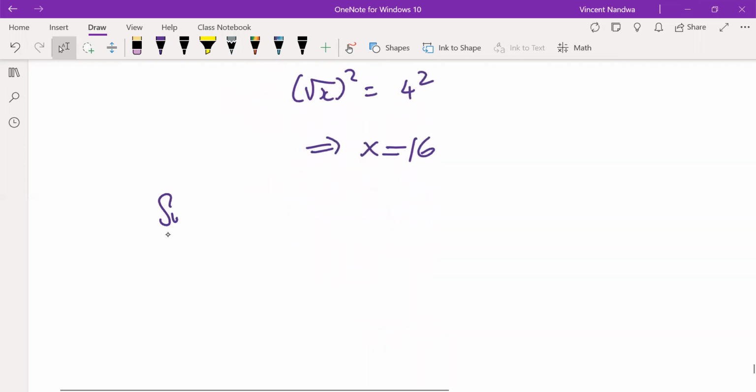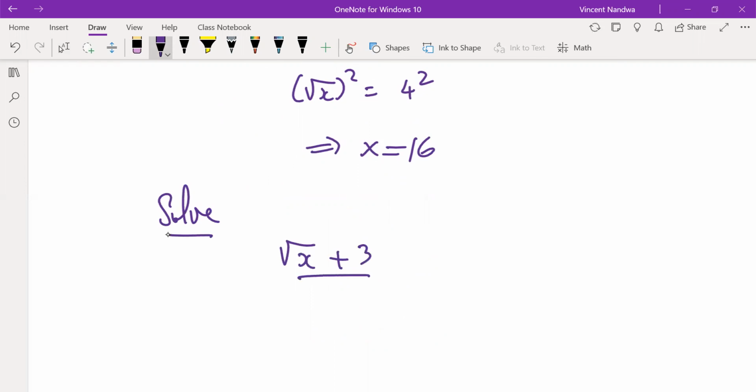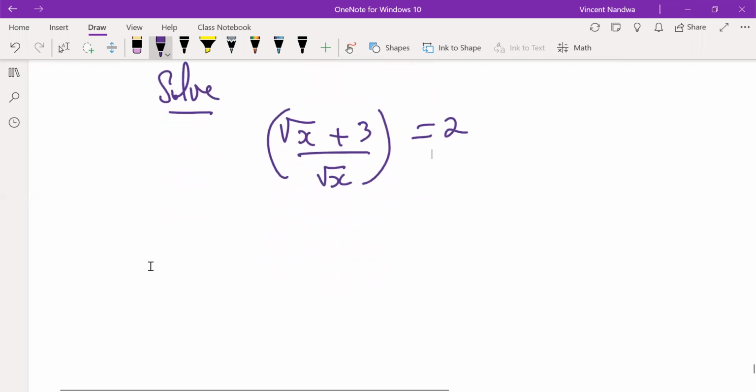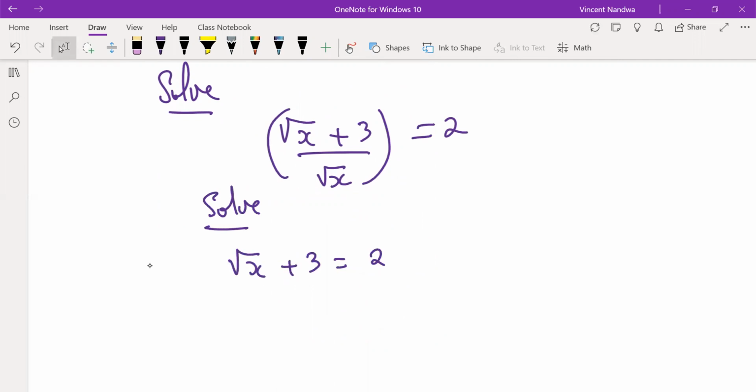Next question, solve square root of x plus 3 over square root of x equals 2. Now, the best way is to cross multiply. So we'll have root x plus 3 equals 2 root x.